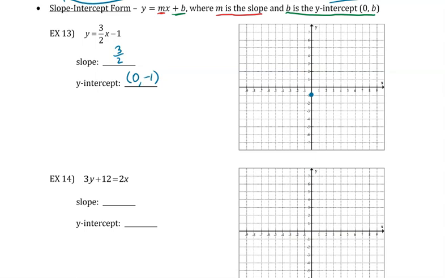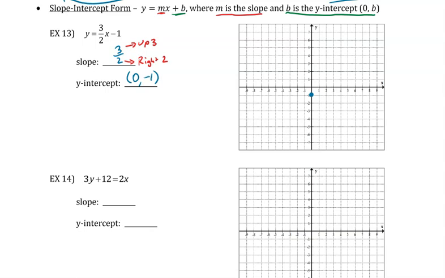Next, we're going to use the slope to find any more points that we need. For this notes video, I'm going to say that we're going to find 3 points for all of these, but depending on the homework, give however many points it needs. Okay, so our slope is 3/2, and what that really means is we are going to go up 3, because that top part is the rise, and then right 2, because that bottom part is the run.